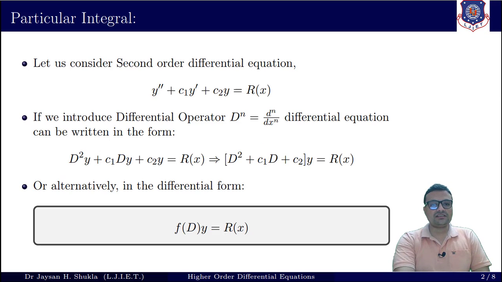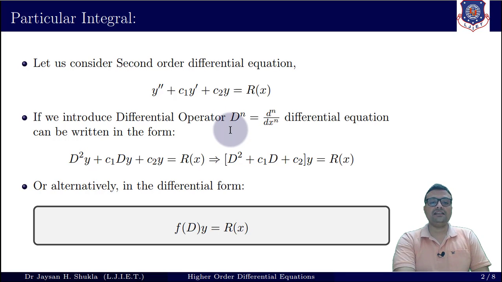The first step is to consider the equation in operator form, and for that I am taking the second order differential equation y double dash plus c1 y dash plus c2 y equal to r(x). As usual, r(x) is a function of the variable x, y is the dependent variable on the independent variable x, and c1, c2 are arbitrary constants. Operator D is d by dx.